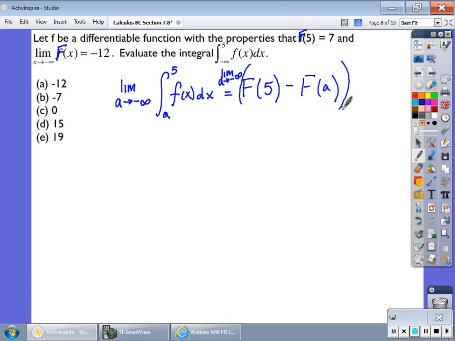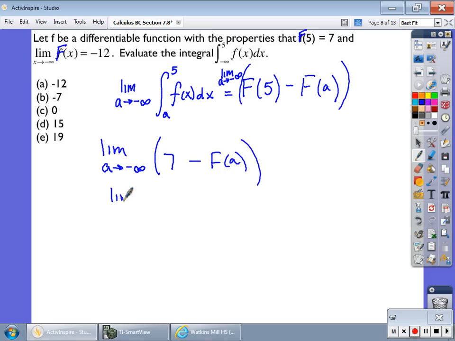Okay, well, we know the limit as a approaches negative infinity of big F of 5 is, well, F of 5 is 7. And then we have minus F of a. Okay, we don't know who that is.